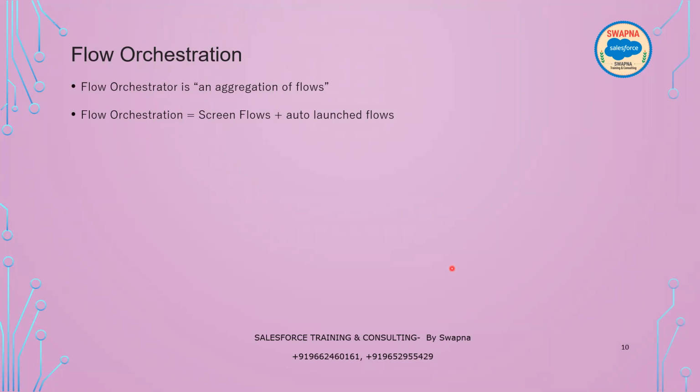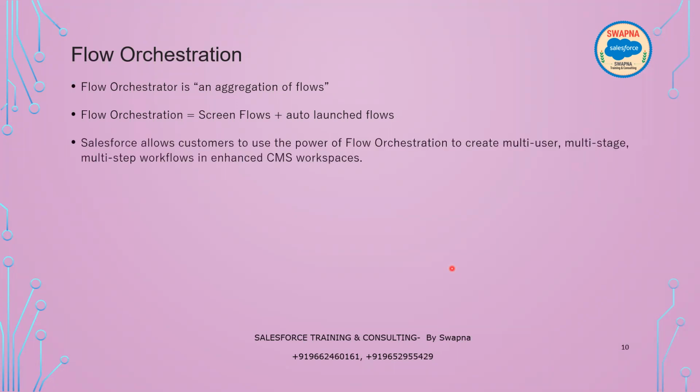Right now, we have created a screen flow separately, auto launch flow separately. But using the flow orchestration, I can combine screen flows as well as the auto launch flows together, and we can implement it. Now, Salesforce allows the customer to use the power of flow orchestration to create multi-user, multi-stage, multi-step workflows.